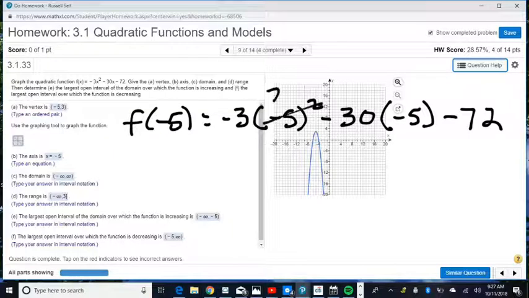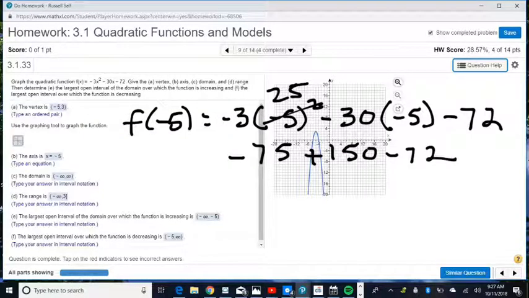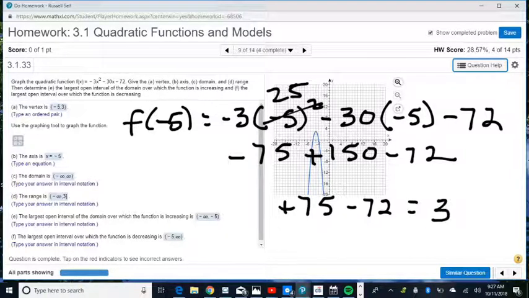Negative 5 squared is 25. Negative 3 times positive 25 is negative 75. Negative times a negative, positive. 30 times 5 is 150, minus 72. Right? Negative 75 plus 150 is positive 75. Minus 72 gives you a 3. So that is the y value.